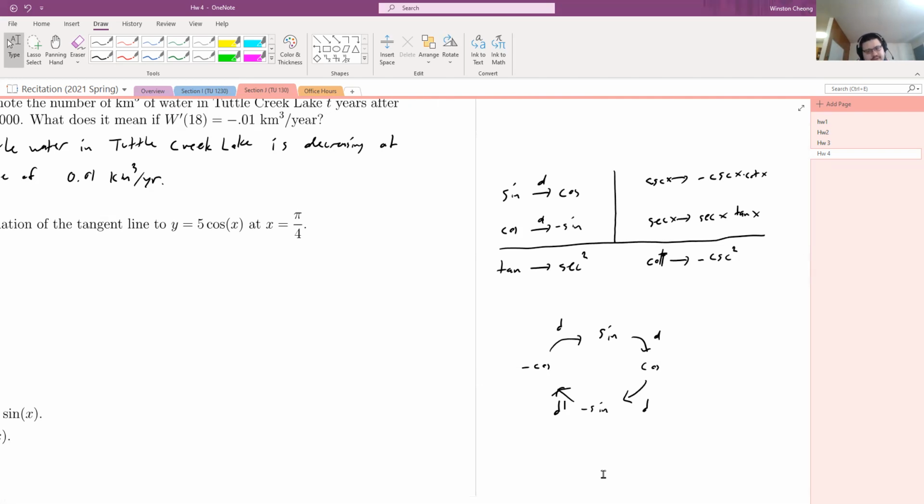The reason this is important is that later on, halfway through the course, you're going to start to learn about the integral, which is basically the reverse operation to the derivative. And so you're going to have to know how to do this in reverse. This is where people get confused and forget which way sine and cosine are facing.